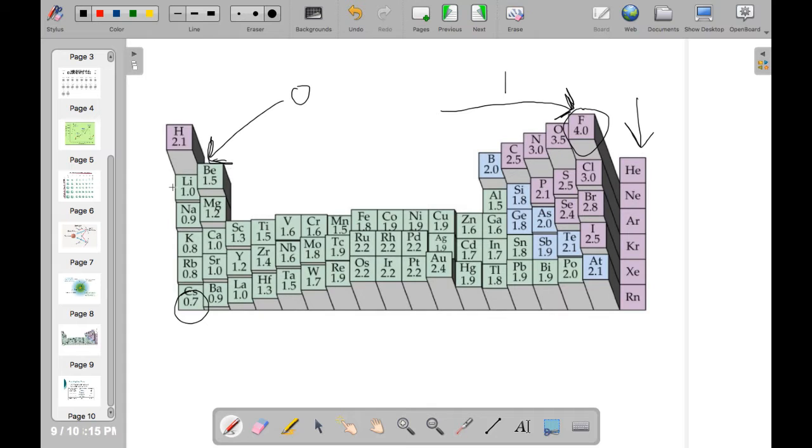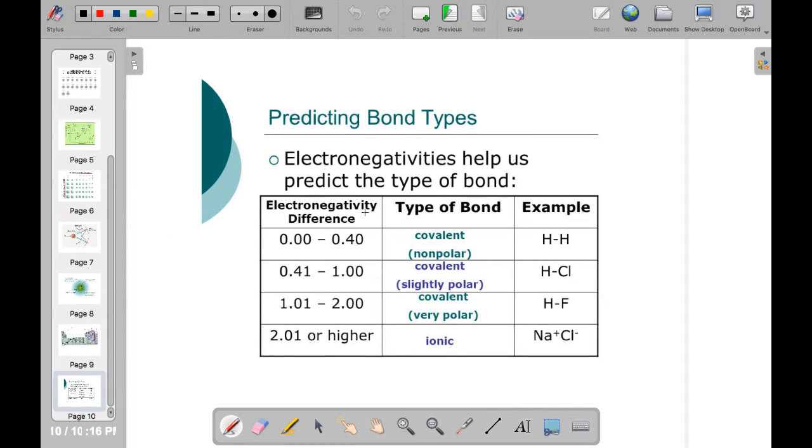And that means that these metals are likely to bond with these nonmetals over here to make something called ionic compounds. So they will form ionic bonds. We haven't gotten to bonding, but there's 3 or 4 different types of bonding. And based on these charges, we know a lot about bonding. So based on the difference in electronegativity, we can look at what type of bond is likely to form.